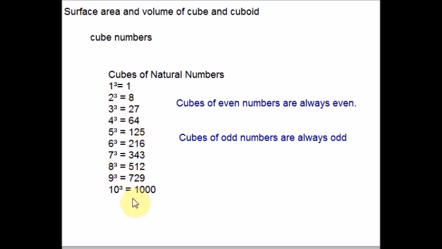I'll just highlight all the even numbers. So cubes of all the even numbers are always even, and cubes of all odd numbers are all odd. Cubes of positive numbers are always positive, cubes of negative numbers are also always negative, cubes of even numbers are always even, cubes of odd numbers are always odd.